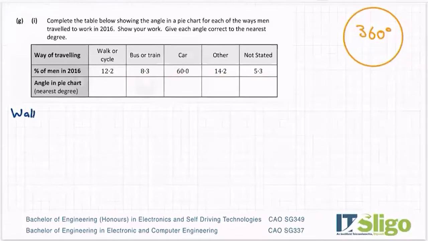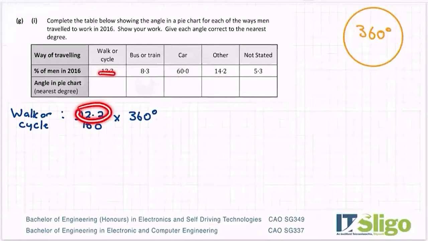So you look at the people who walk or cycle. Okay, how much have they? Well, they have 12.2% out of the 100%, and I'm going to multiply that by 360 degrees. So what is their share of the percentage out of the 100? And we give them the same share of the pie. Okay, so 12.2 over 100 multiplied by 360.